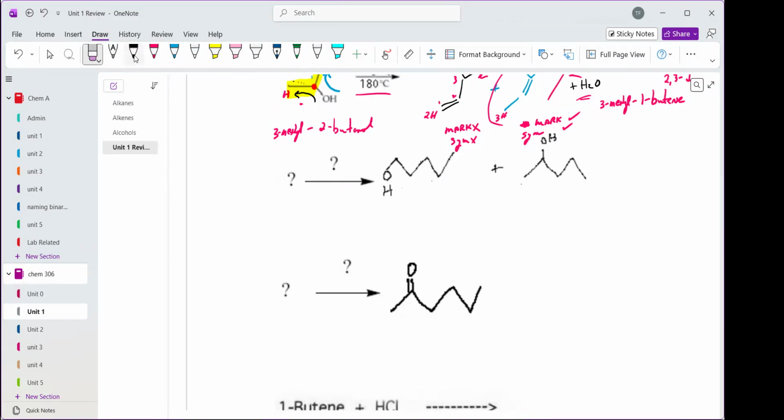If you redraw this though, like this, now the backbone sort of looks like this.